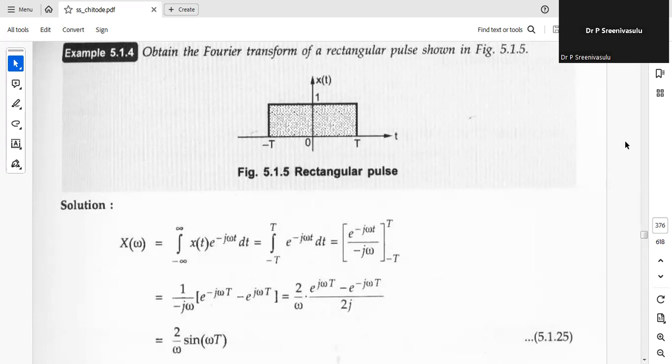We consider the Fourier transform of a signal that is a rectangular pulse. We know the rectangular pulse.